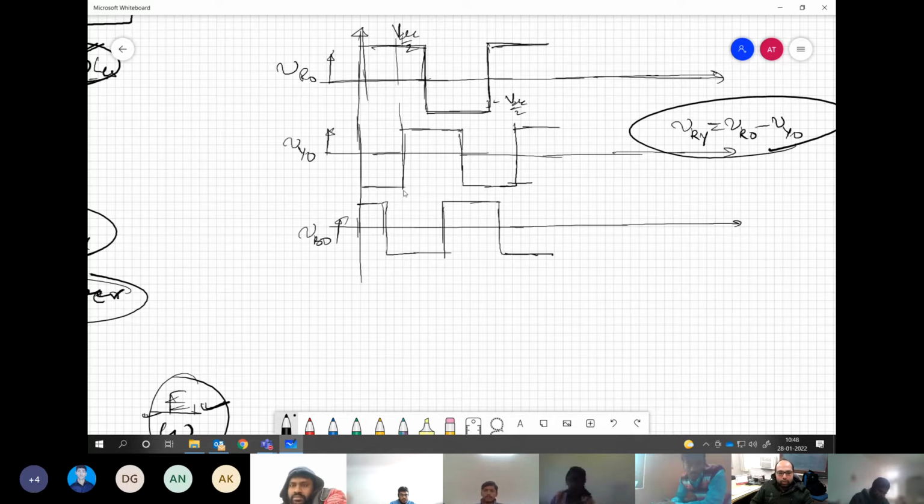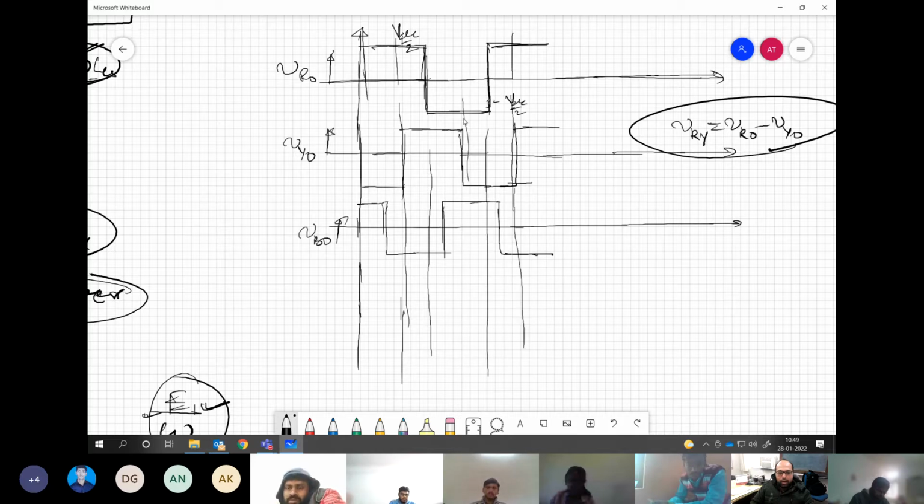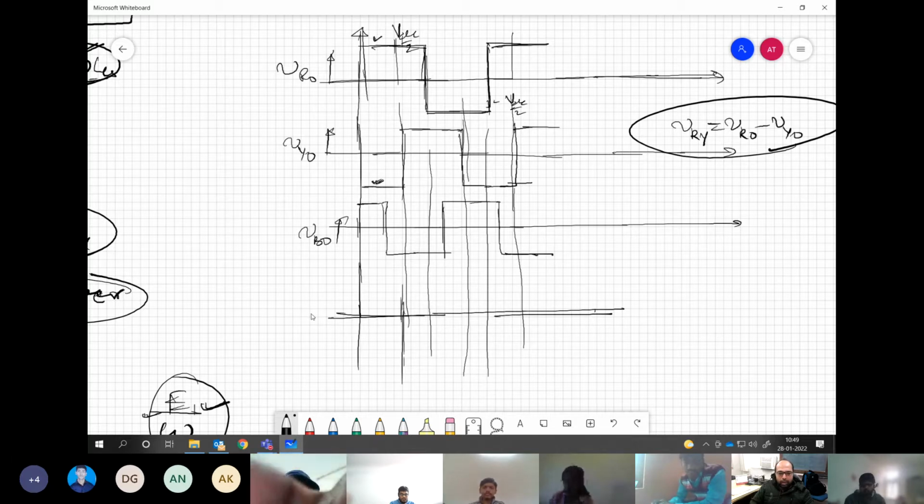So what will happen? We are concerned about R and Y. So we will mark all the transition points for R and Y. Now, tell me, up to this point, when R is positive and Y is negative, what is the value of VRY?